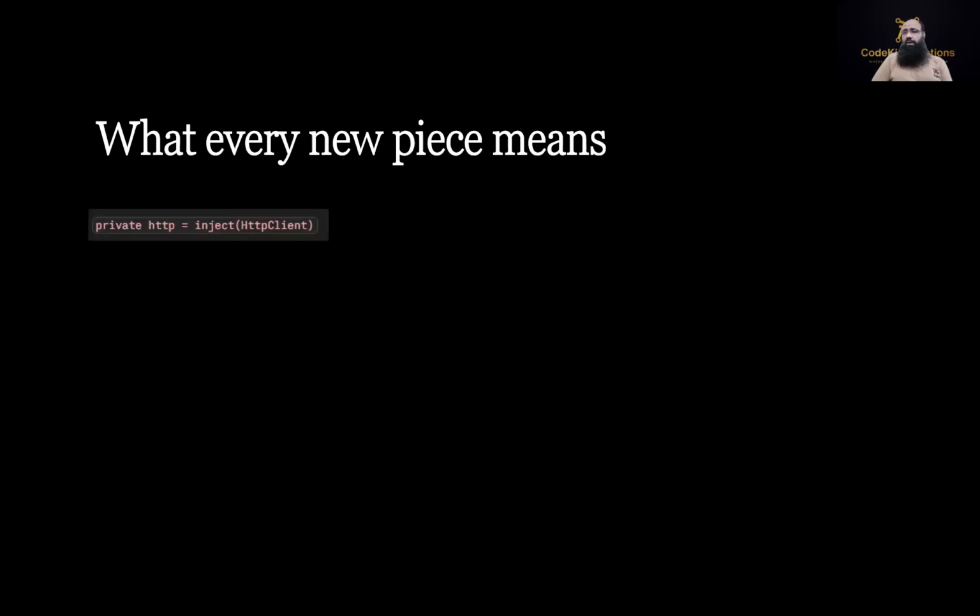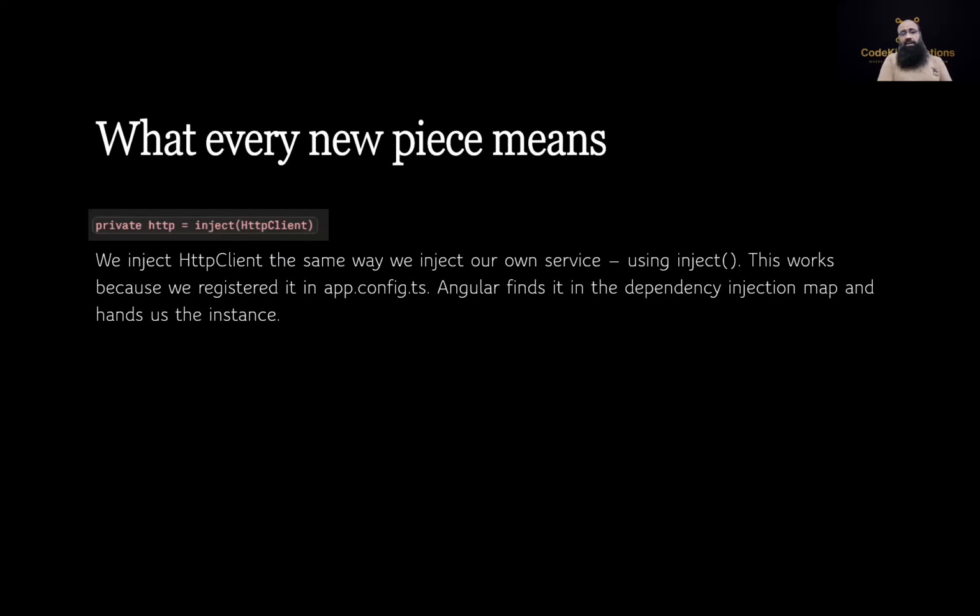As I've already shown you, private http = inject(HttpClient). So what does it do? We are injecting this HttpClient the same way we injected our own service previously, using inject. Previously, I've also mentioned that in previous Angular versions, constructor-based injection was used.